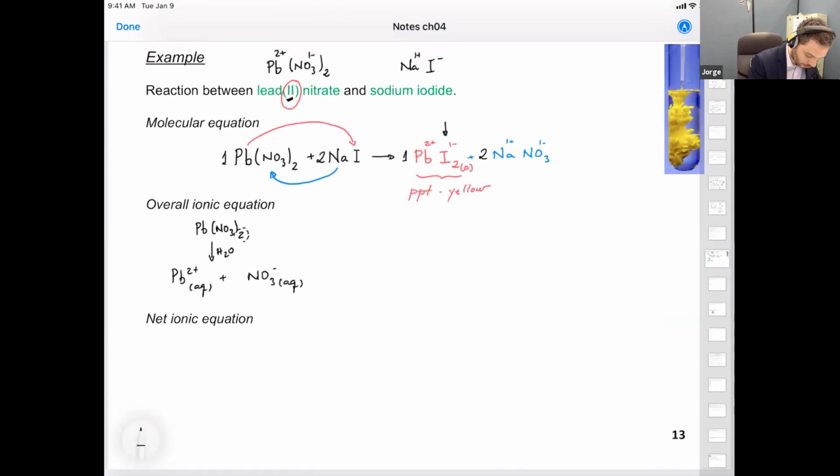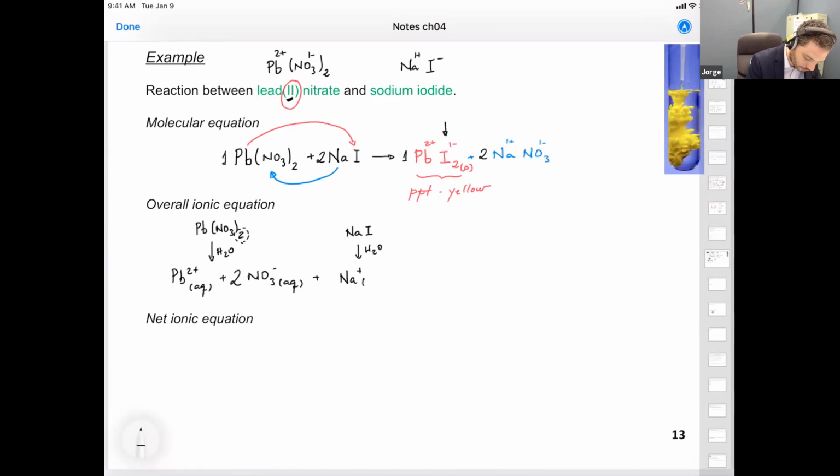Attention here, we have two nitrates in the structure. Therefore, we have to produce two nitrates in solution. Same thing for sodium iodide. Sodium iodide is a salt formed by a group 1 cation. Therefore, they are always going to be soluble.